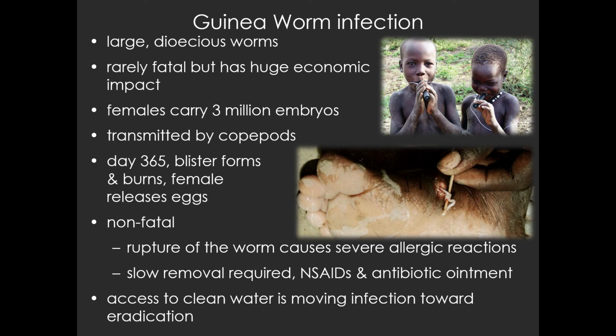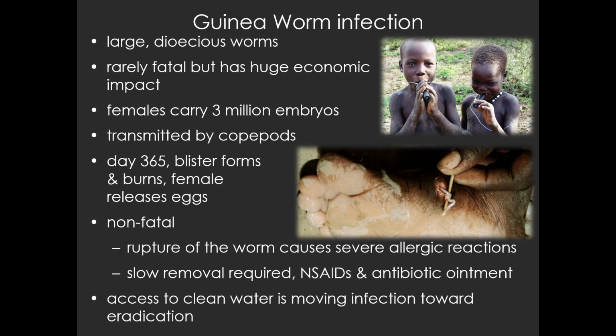While you do that, you can take anti-inflammatories, you can take antibiotics to keep that blister from getting infected, but if you try to take an antiparasitic to kill the worm, you can cause severe allergic reactions because the worm dies and bursts in the body.